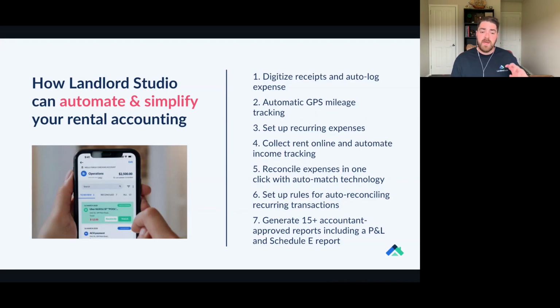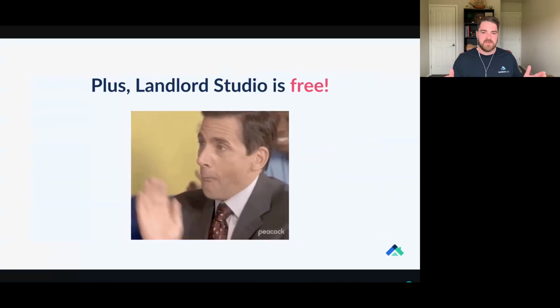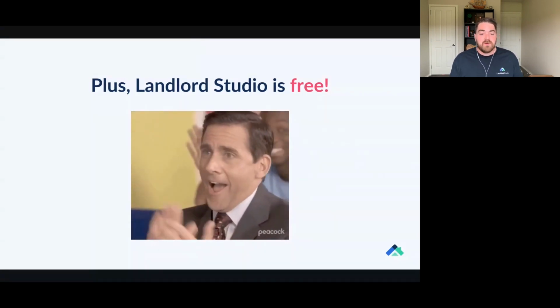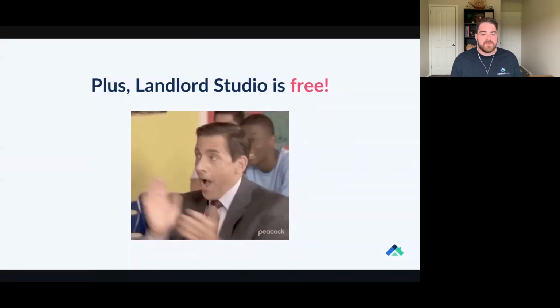And then finally, you can instantly generate and share any of the 15 accountant approved reports, including P&Ls, Schedule E. So essentially you have complete oversight of your finances instantly whenever you need it. Plus, Landlord Studio is easy and it's free with our spreadsheet import function.